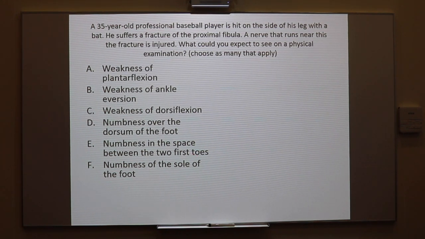Because deep peroneal nerve. Because we are talking about common peroneal. This is supplied by deep peroneal. This is supplied by superficial peroneal. Numbness of the sole of the foot? No, because it is supplied by the tibial nerve. So out of these, B, C, D, and E are all correct answers.